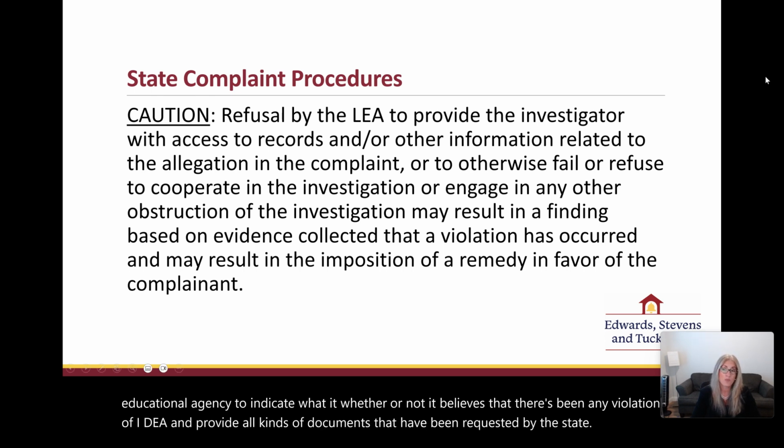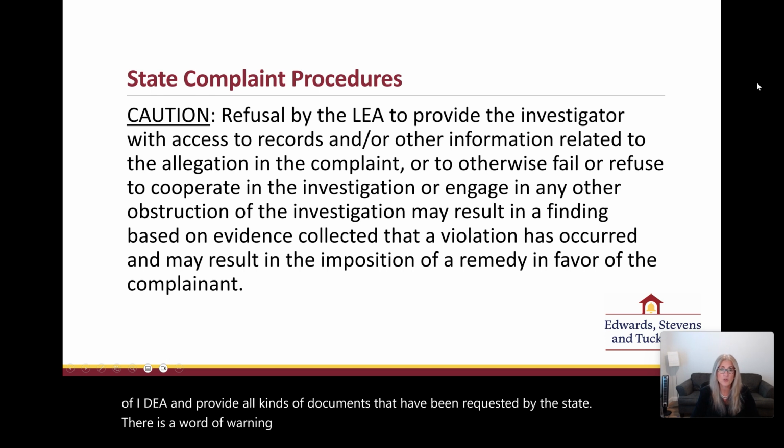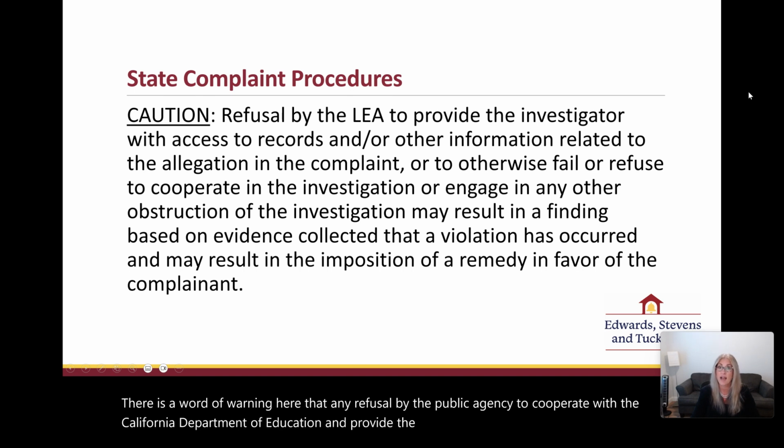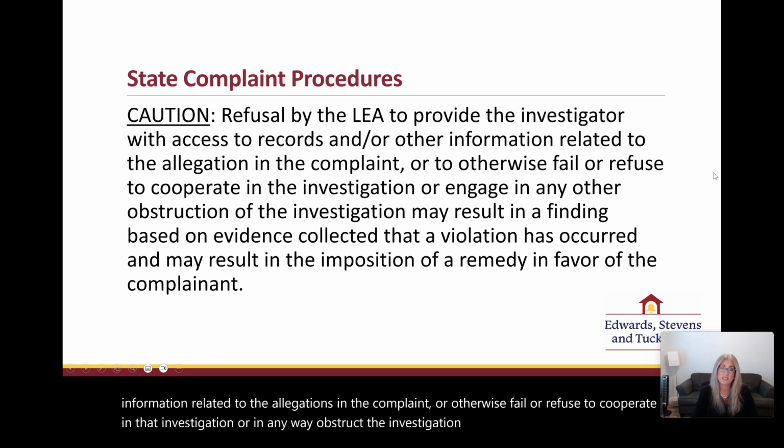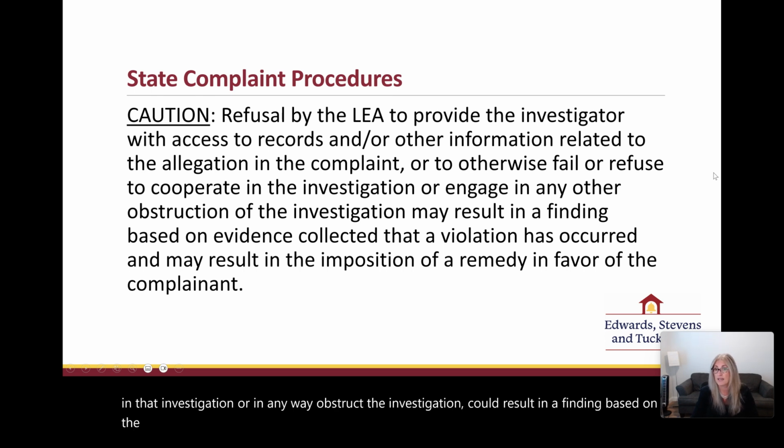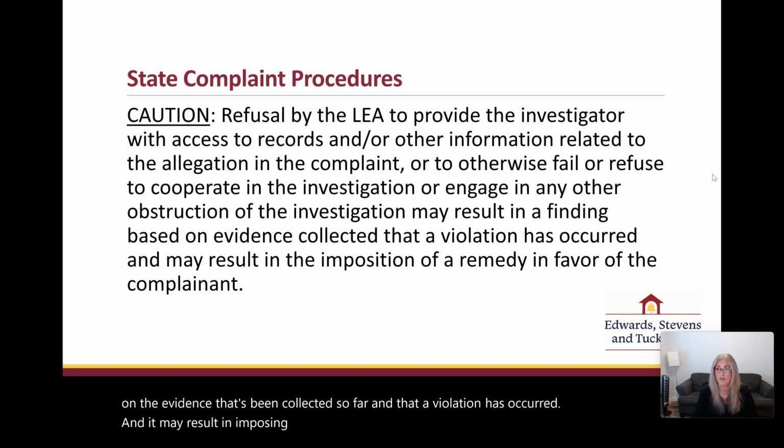There is a word of warning here: any refusal by the public agency to cooperate with the California Department of Education and provide the investigator access to any records or other information related to the allegations in the complaint, or otherwise fail or refuse to cooperate in that investigation or in any way obstruct the investigation, could result in a finding, based on the evidence that's been collected so far, that a violation has occurred, and it may result in imposing a remedy in favor of the complainant.